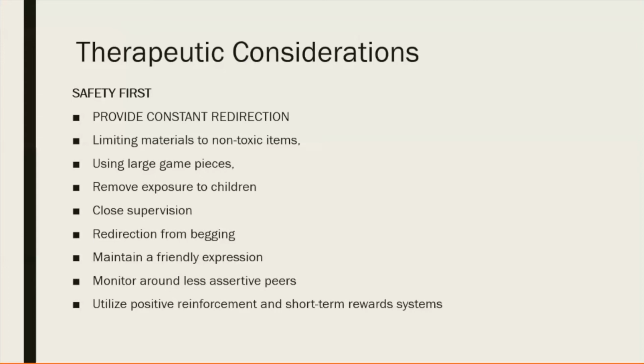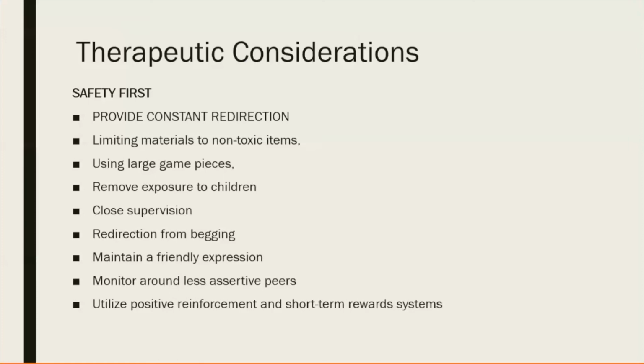Making sure that if we're doing any kind of cooking program, if we're using foods that are not safe to be eaten raw, that we're hand over hand, and that this is somebody who hasn't demonstrated that very impulsive hyperoral behavior. We just want to be really careful. We might want to use larger game pieces, and that can be really helpful, especially as people have more impacted movement ability. They're going to have issues with their fine motor skills likely as well.